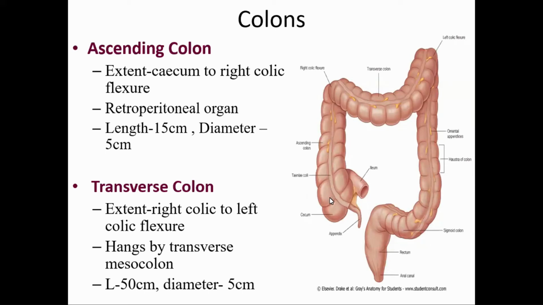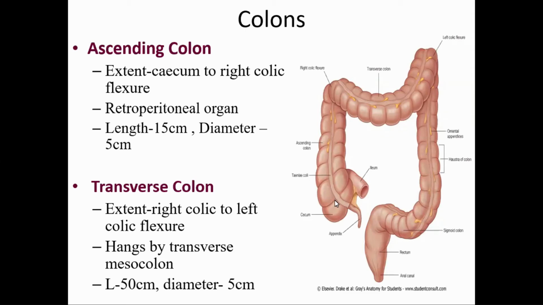Distal to the transtubercular plane is the cecum, which is the commencement of the large intestine, a blind sac, and above the transtubercular plane is the ascending colon. It extends up to the right colic flexure or the hepatic flexure. Length is about 15 centimeter, and the diameter is about 5 centimeter.